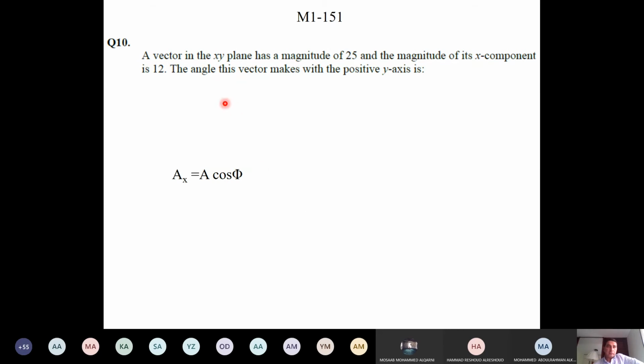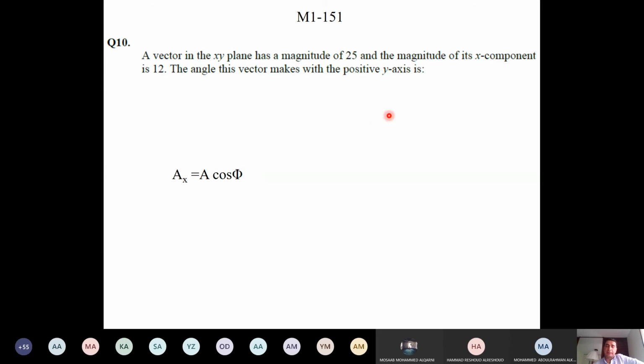So a vector in the xy plane has a magnitude of 25. That's one thing that is sure. Let's say vector A has a magnitude 25, and its x component is 12, right? So the angle this vector makes with respect to the positive y-axis is something which we need to determine.